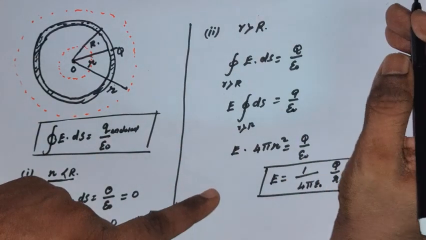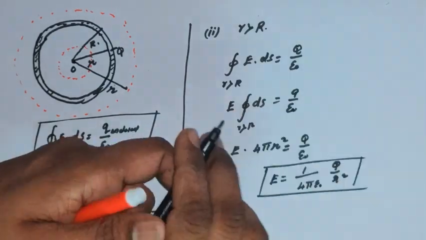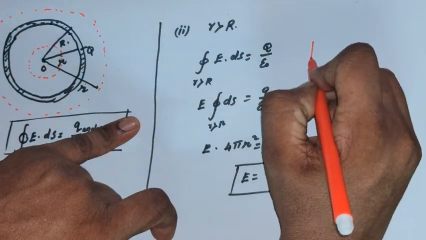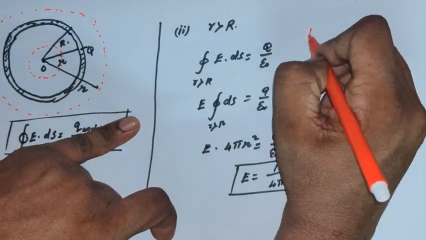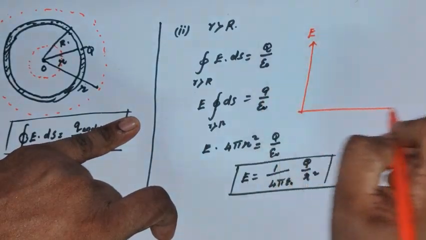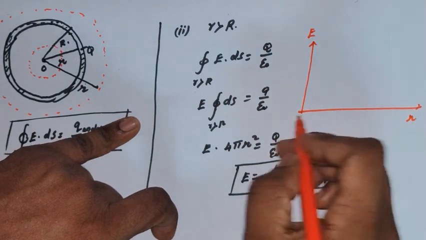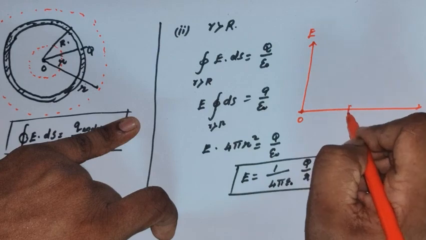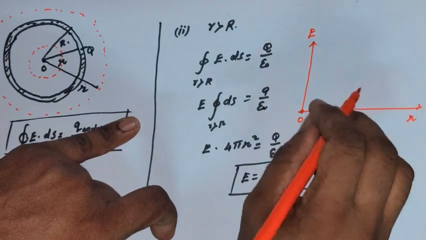Suppose we picturize this by drawing the diagram of the electric field versus the radial distance. At the center of the hollow sphere, r goes to 0, and the field is 0 up to r equal to R. There is no field at all.